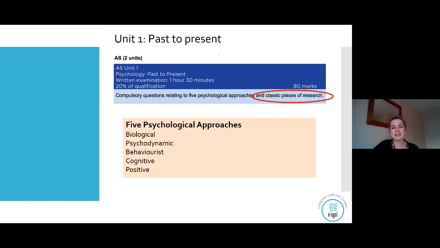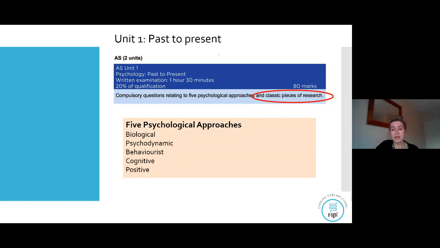Okay, so we are still within our Unit 1. And we are looking at our 5 different psychological approaches. So throughout Year 12, you will have focused on the biological approach, the psychodynamic approach, the behaviourist approach, the cognitive approach, and the positive approach. And you will have looked at lots and lots of elements within those approaches. So you look at the assumptions, you look at the formation of a relationship, you look at various different therapies, you look at studies.